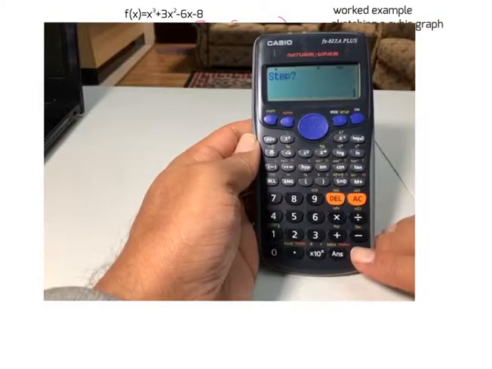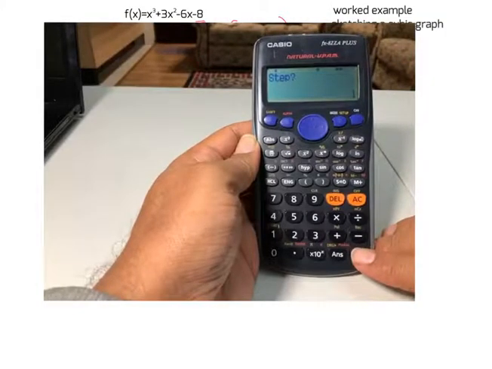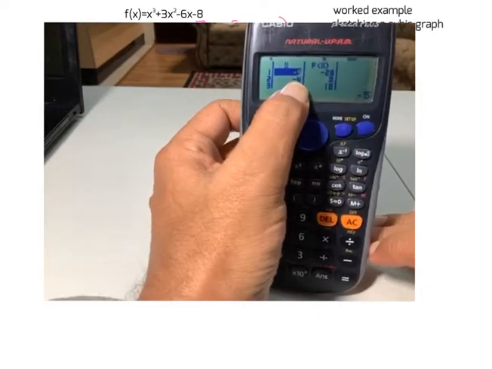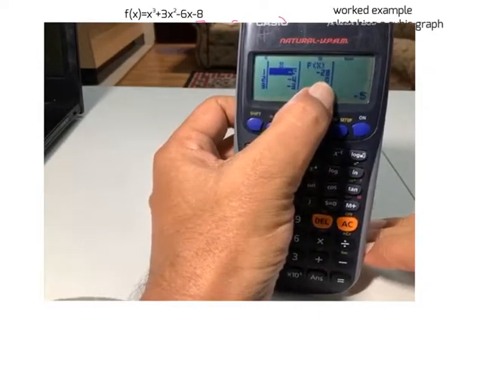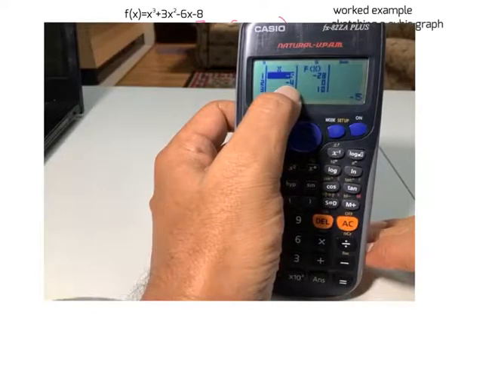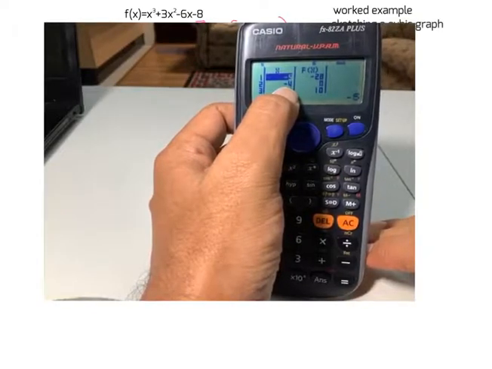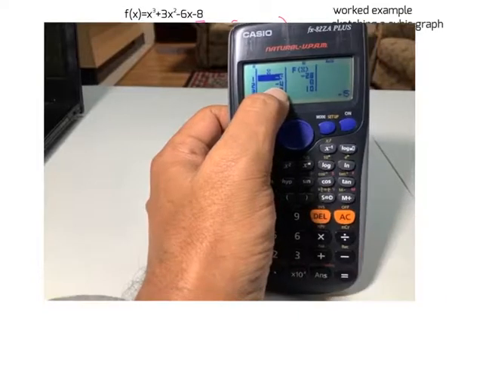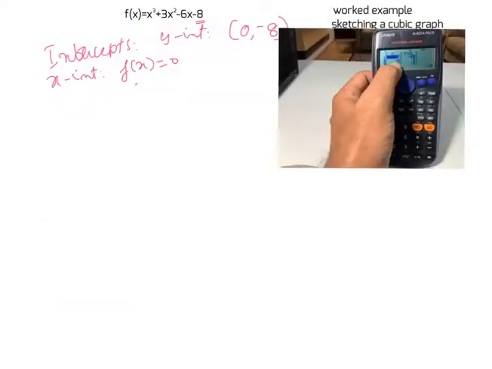So that is the meaning of increment. Step is 1, and you can see here that at negative 4 the value is equal to 0. So one of the solutions of this is negative 4. Therefore I can write f(-4) is equal to 0.